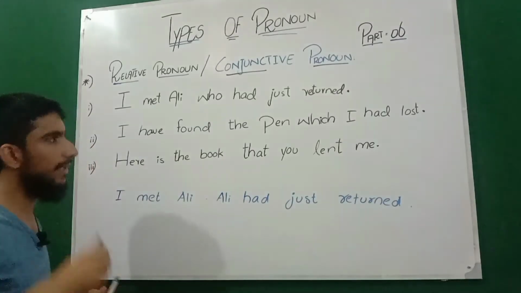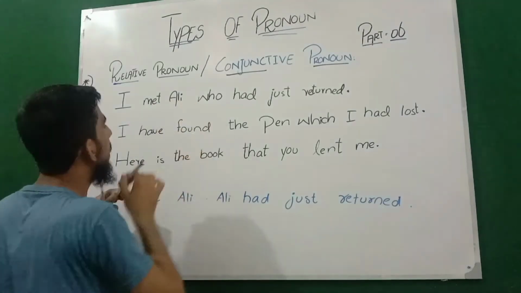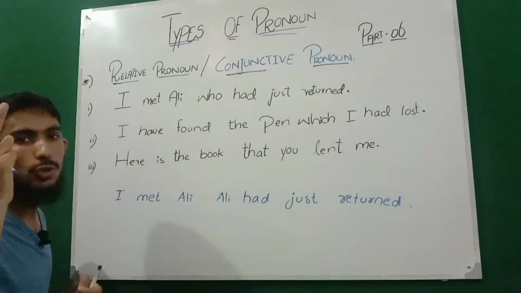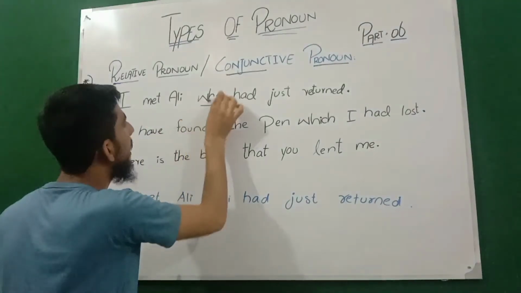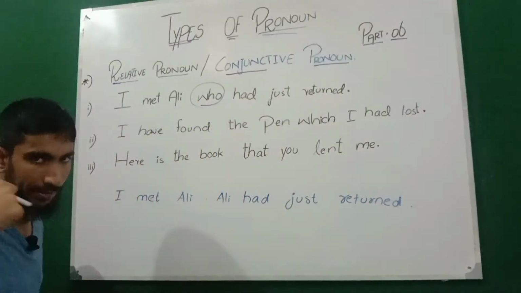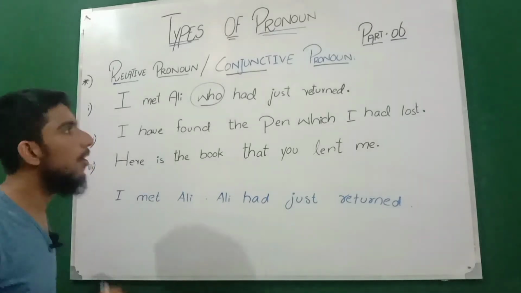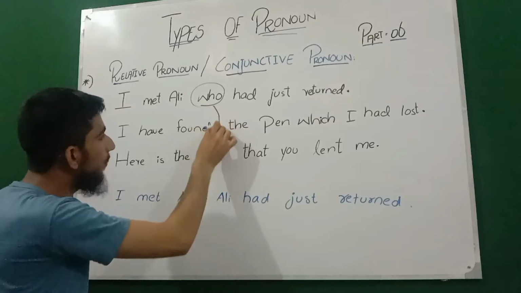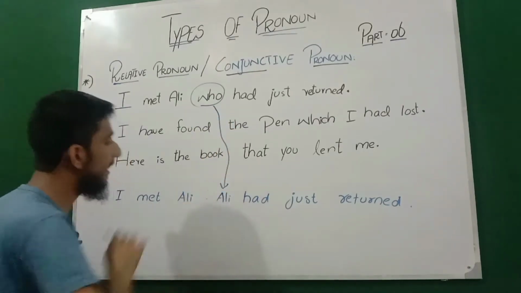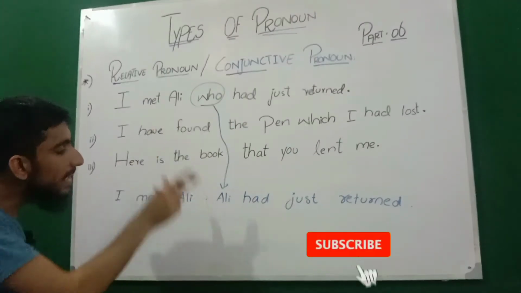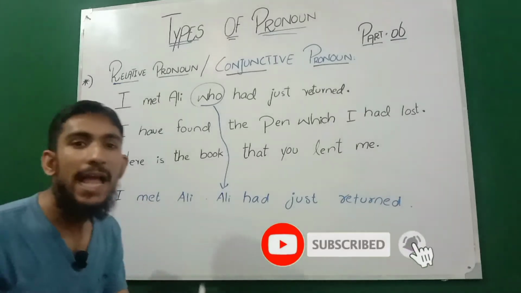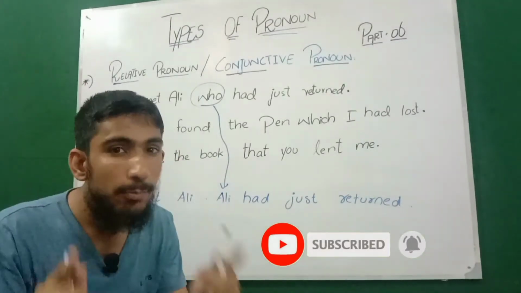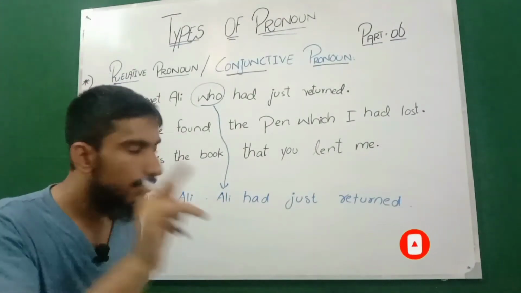Now look at this example. Who does two works here. Who is a relative pronoun and it does two works. What does it do? It replaces a noun. Who replaces a noun in this sentence, and any word that replaces a noun we call a pronoun.